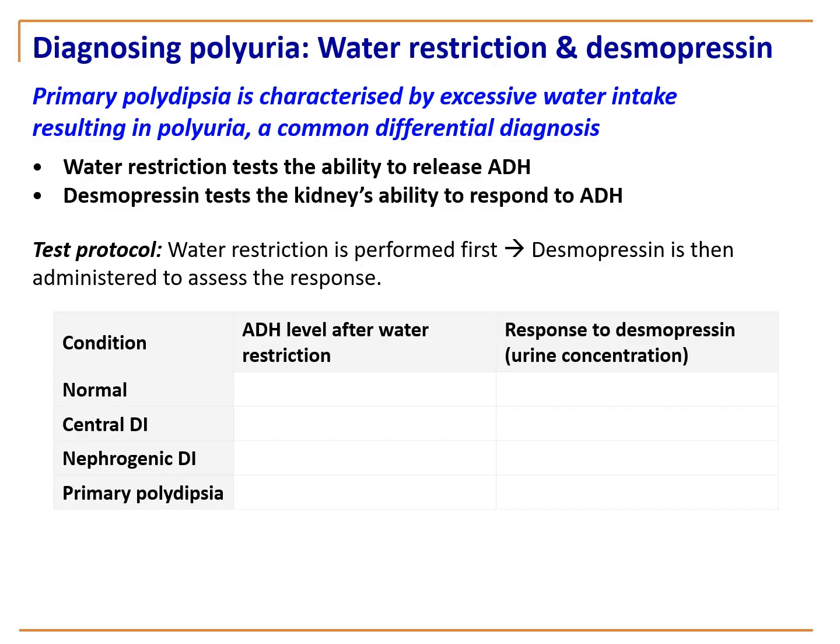On the top, you've got the ADH level after water restriction, and then the response to desmopressin, so what happens to the urine concentrating ability. Think about what happens under normal conditions if we water restrict you and then give you desmopressin, compared to central DI, nephrogenic DI, and primary polydipsia. So press pause and have a good think.